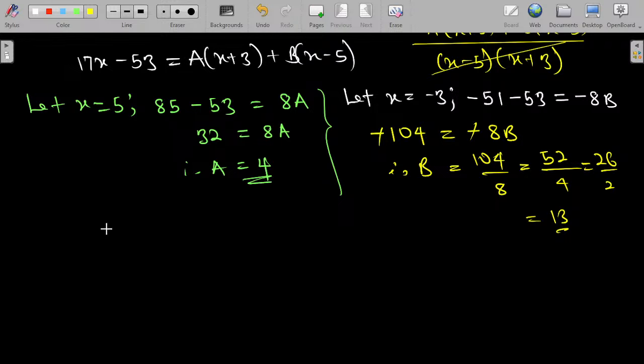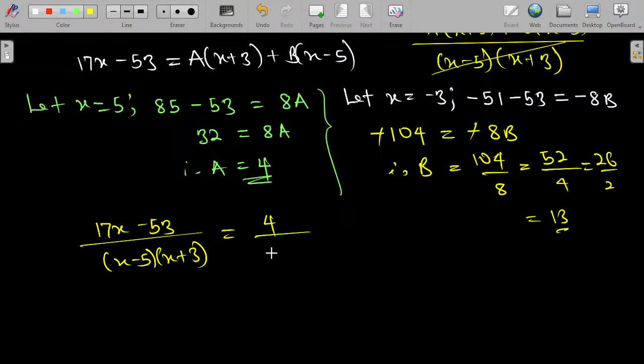So it means that our 17x minus 53 all over x minus 5 into x plus 3 is equal to a, which we got as 4, all over x minus 5, plus b, which we got as 13, all over x plus 3. Okay, and that is the solution to that problem.